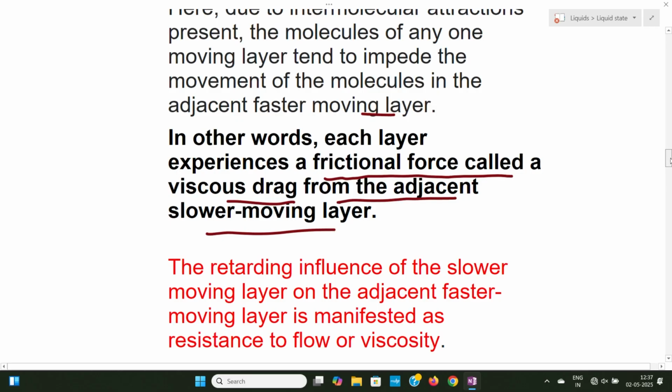The reason for the viscous drag is the intermolecular attractions. So, because of the intermolecular attractions, each layer experiences a frictional force called a viscous drag from the adjacent slower moving layer.